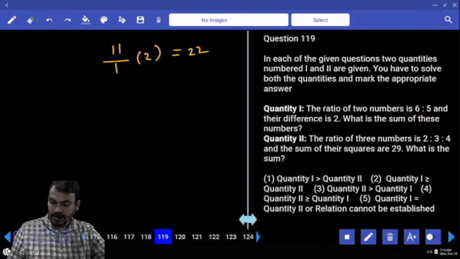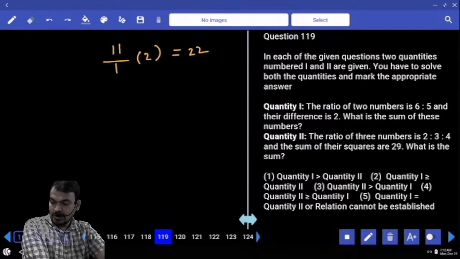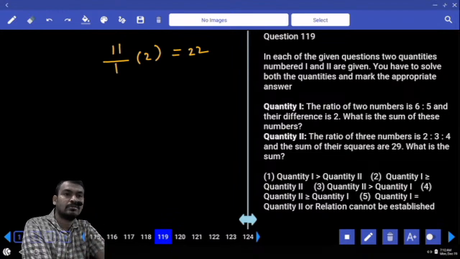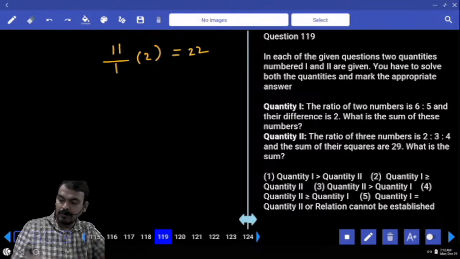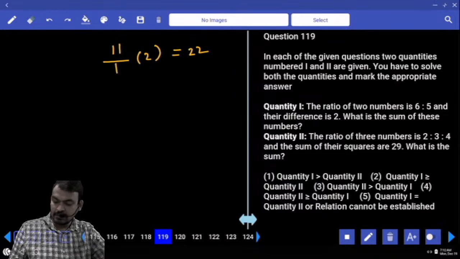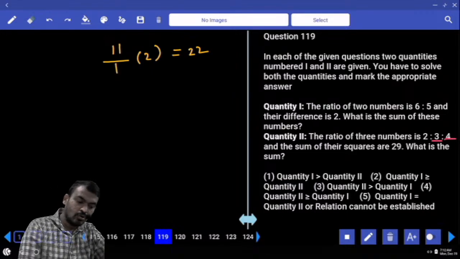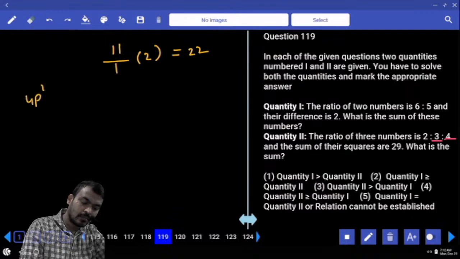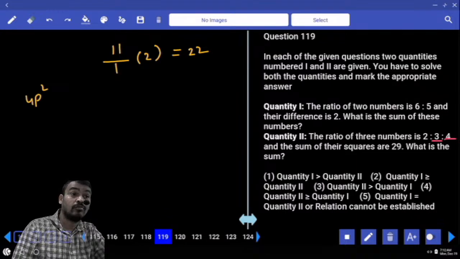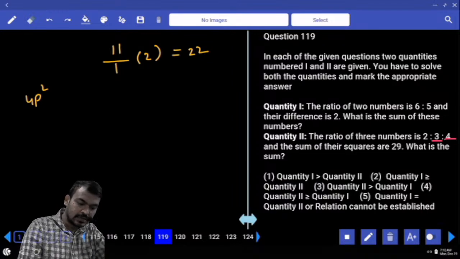22. Next, quantity 2. The ratio of the three numbers is 2:3:4, and the sum of their squares is given as 29. First one 2 parts, second one 3 parts, third one 4 parts. 2 parts square means 4 parts square.